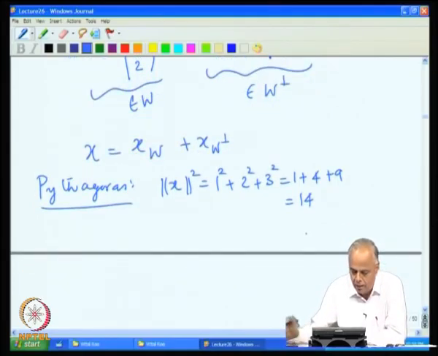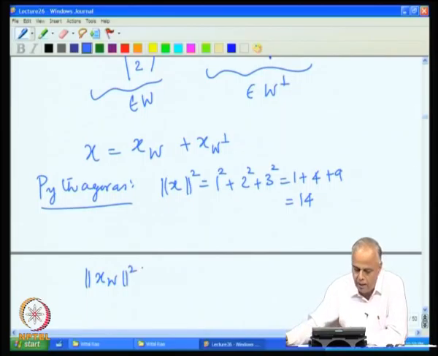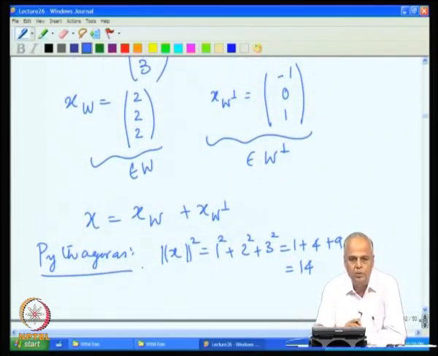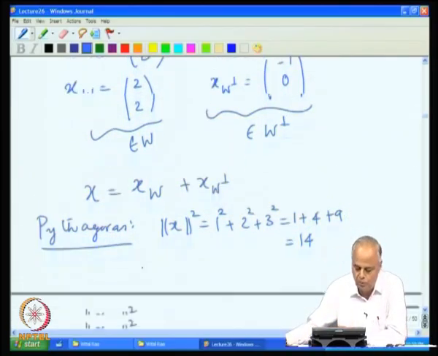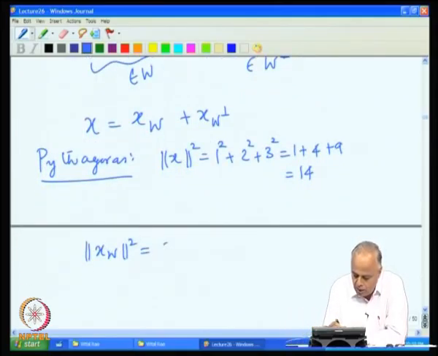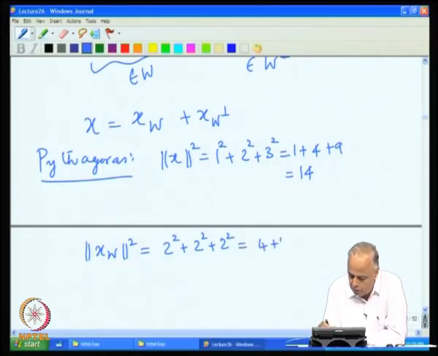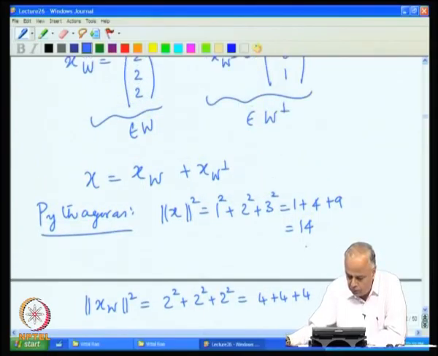On the other hand, the length of x_W squared: x_W is the vector whose components are 2, 2 and 2. So this length squared will be 2 squared plus 2 squared plus 2 squared, which is 4 plus 4 plus 4, which is equal to 12.